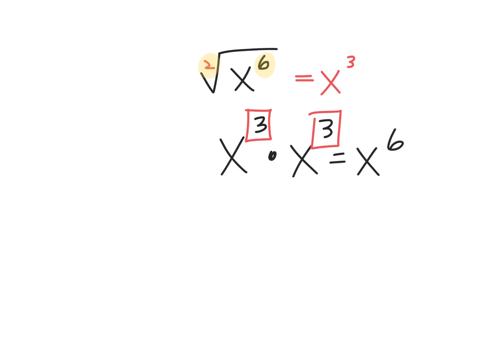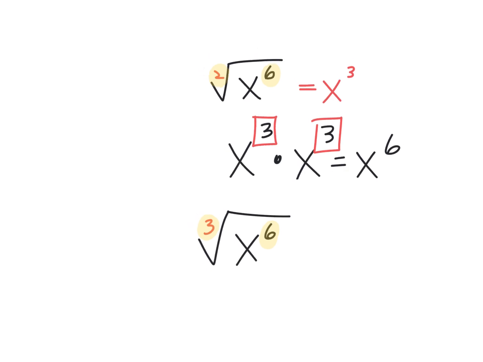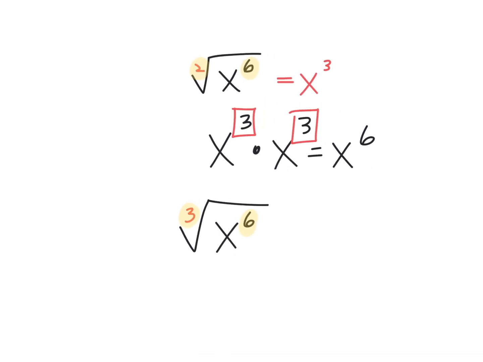We're going to do one more kind of like that, obviously now we'll do a higher root. This time we'll do a cube root of x to the 6. We'll keep the same number. Again, we're comparing these two things, the index to the exponent you have inside. Because I'm doing cubes this time, it's okay, what thing 3 times, right?